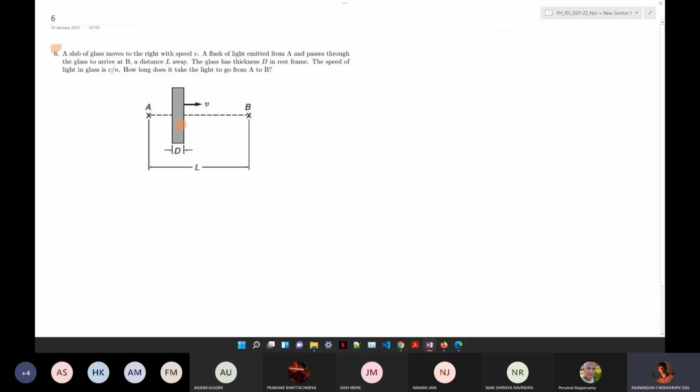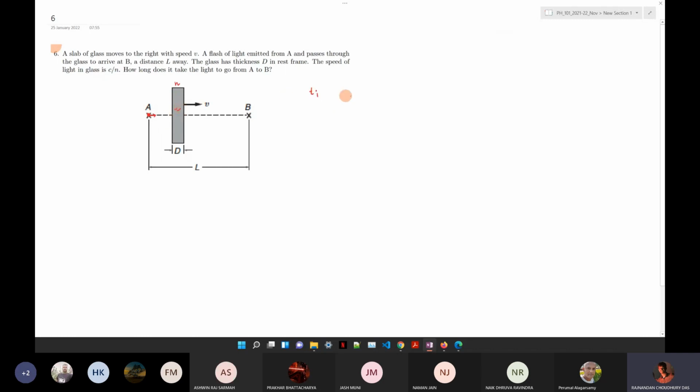So here there is a slab which is moving with speed v, and the refractive index is given to us as n, and we shine a laser light from here, and we need to find how much time it will take for this laser light to go from A to B. For that, we can say the laser will spend some time inside the slab and some time outside the slab.